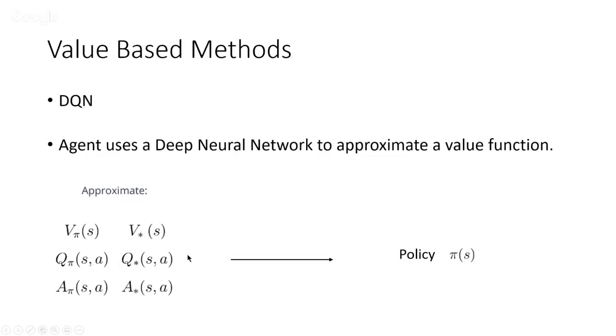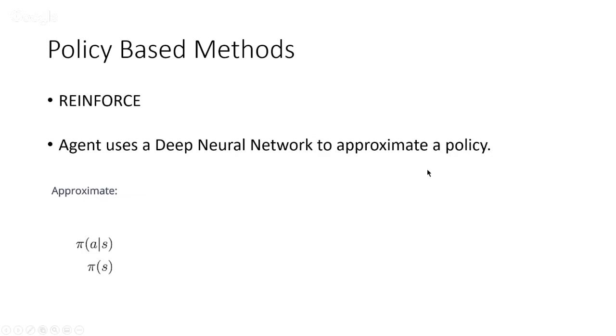Based on the values the neural network outputs, we figure out our policy. By policy, of course, I mean what action to take given a state, or pi of A given S if it's a stochastic policy.